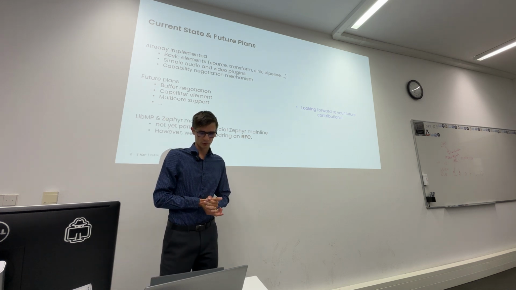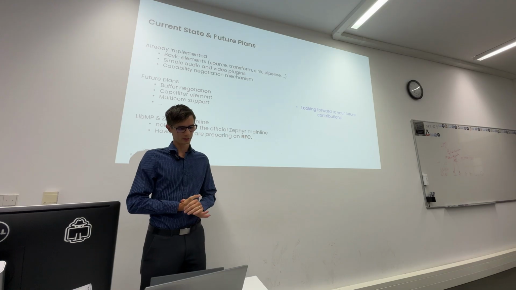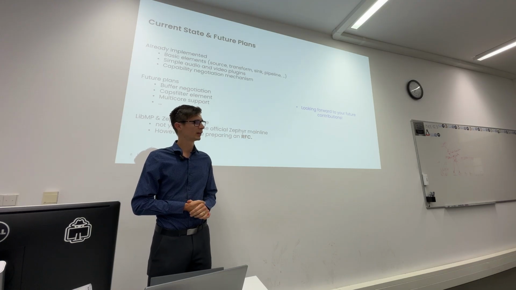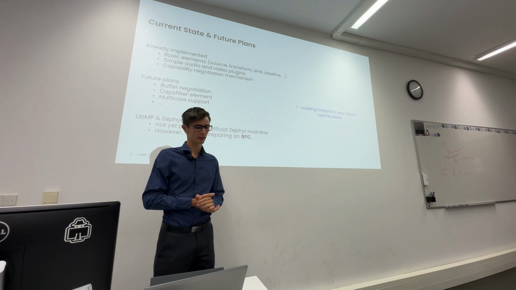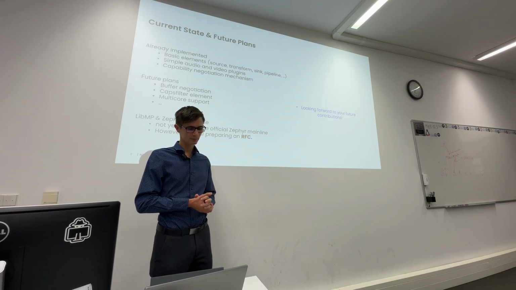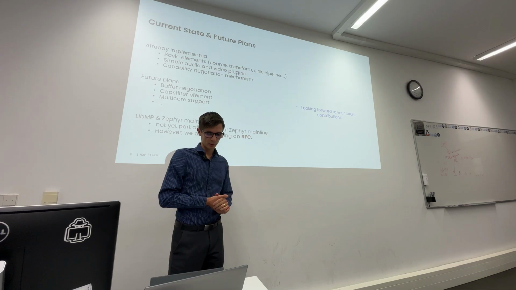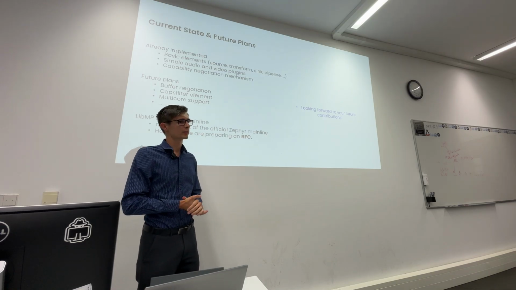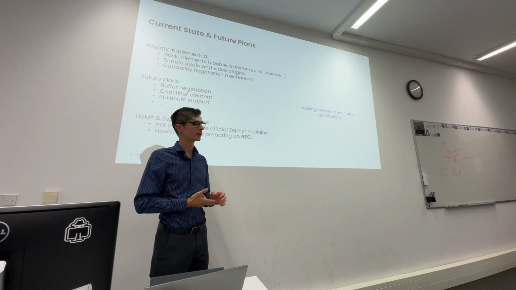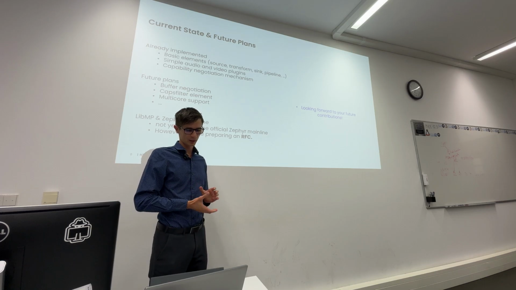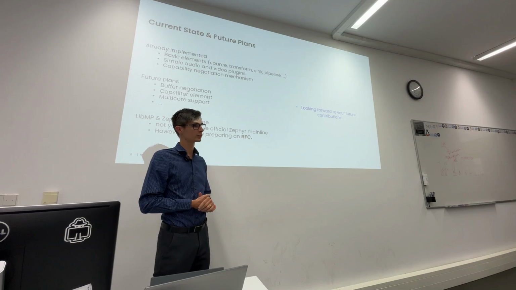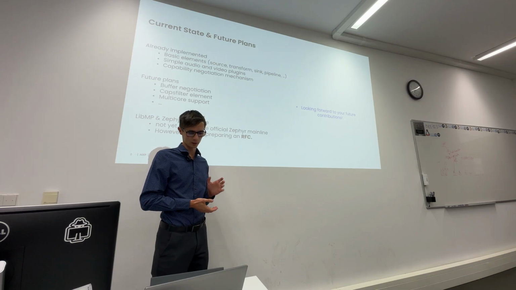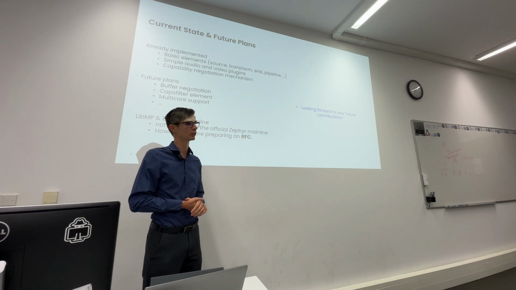So far we have talked about the technical side of libMP, and now I would like to share the current state of the project and our future plans. We have already implemented basic elements like source, sink, transform, and pipeline. We also implemented simple audio and video plugins. The capability negotiation mechanism also works.